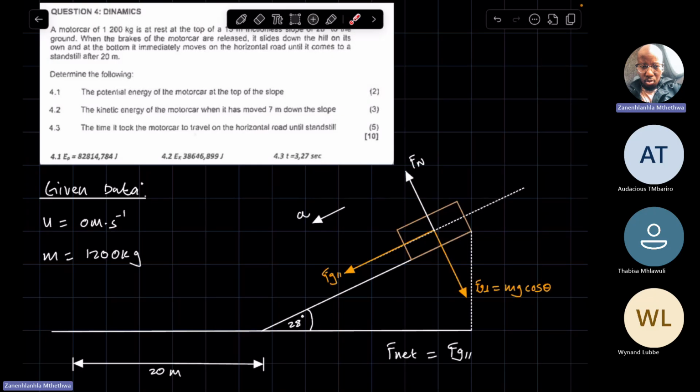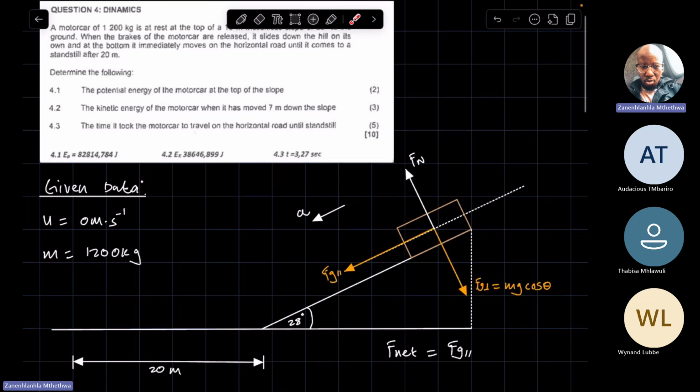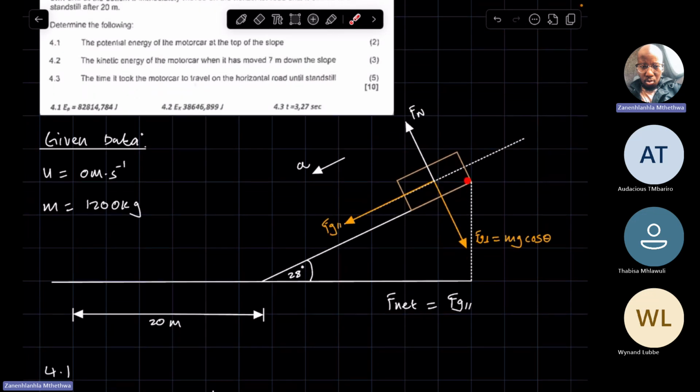So they want us to calculate the kinetic energy of the motor car when it has moved 7 meters down the slope. So brakes are released. This starts moving down the incline. Now they want us to calculate the kinetic energy that has been accumulated from when the brakes are released to the car having traveled 7 meters down the incline.